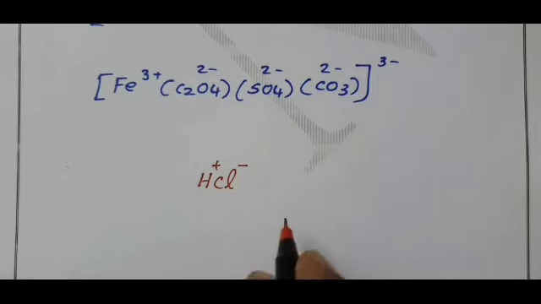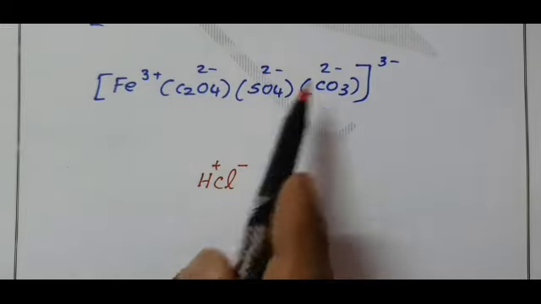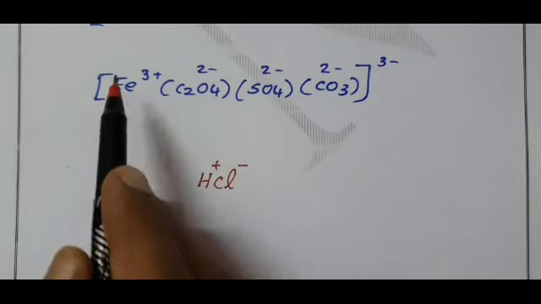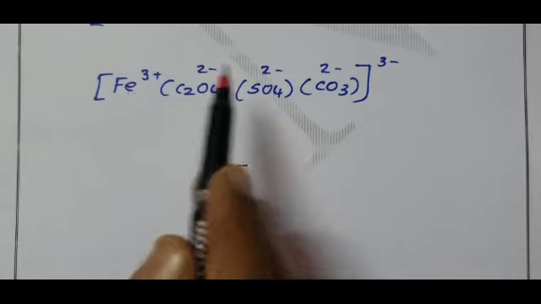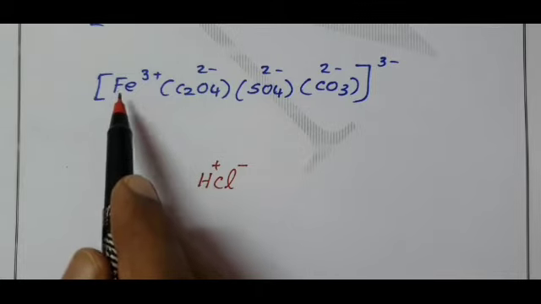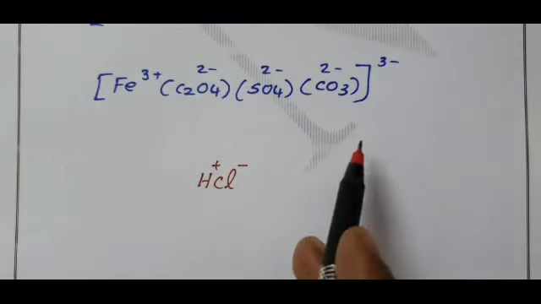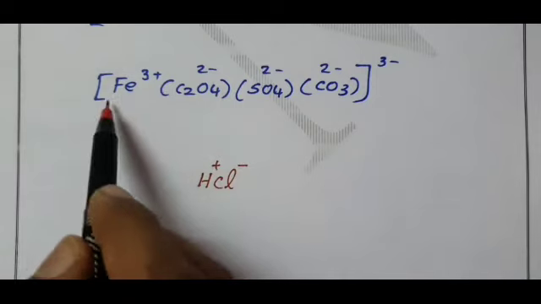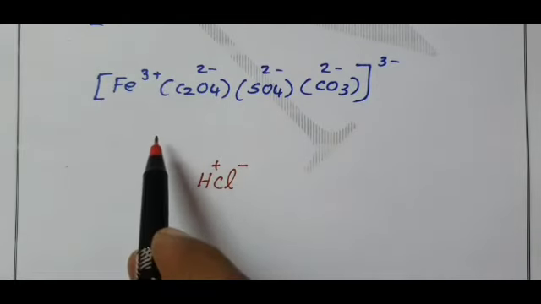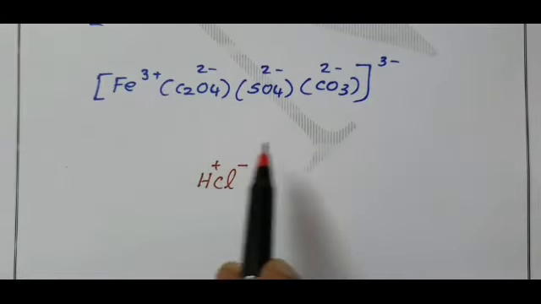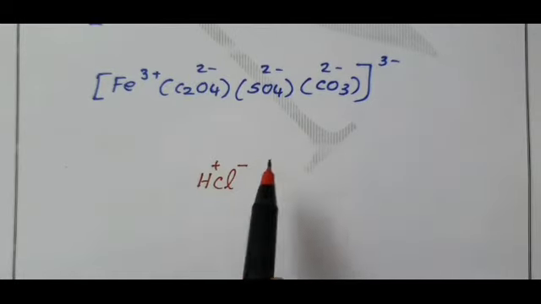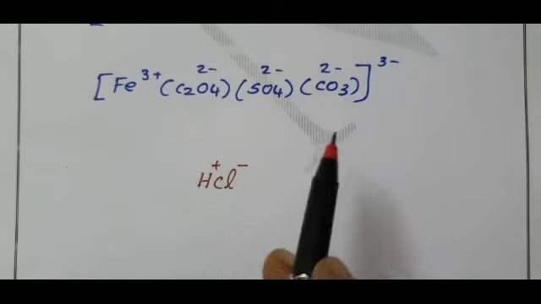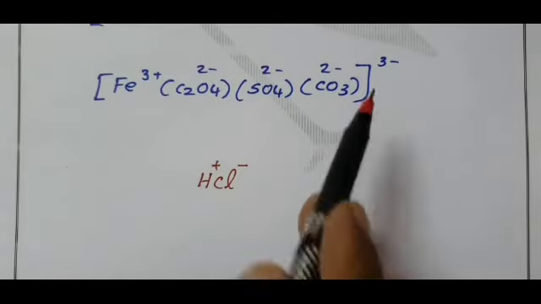And a very important point, in the anionic complexes, the name of the central metal ion ends with ate. Actual name, not iron, ferrum, ferrate, Ag, argentate, Au, aurate, Cu, cuprate, cobalt, cobaltate, if the complex is an anionic complex.